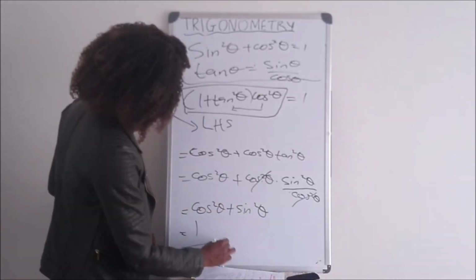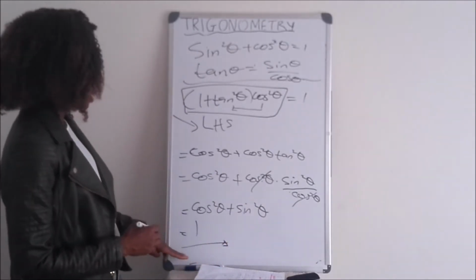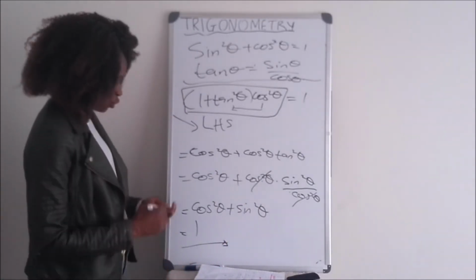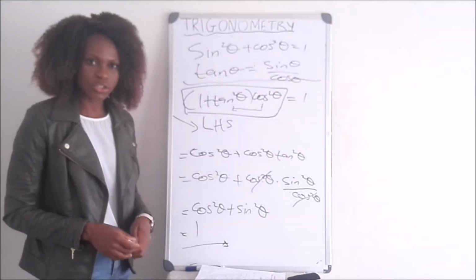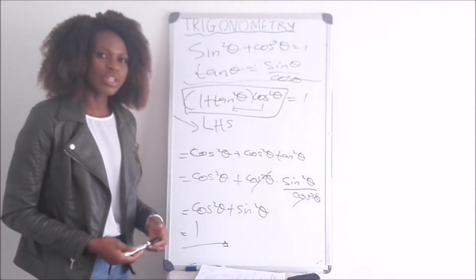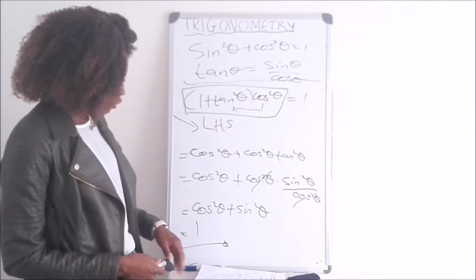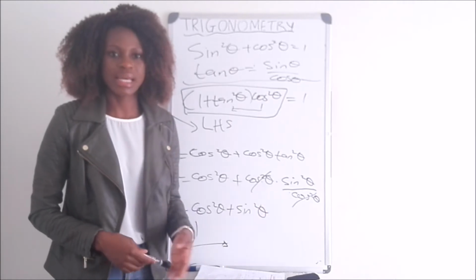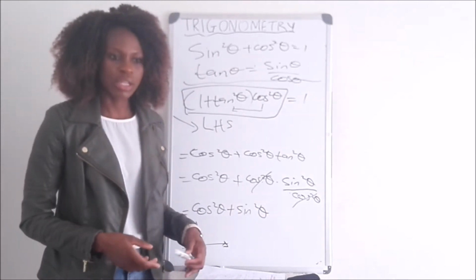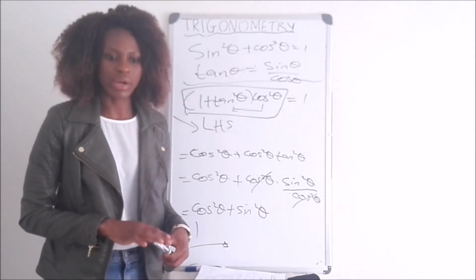Then it is equals to 1. Then it is proven that our left hand side is equals to the right hand side. You must always write at the end of your answer that therefore the left hand side is equals to the right hand side, so that you can notify that you got the right answer.